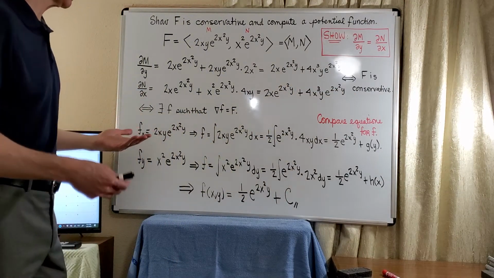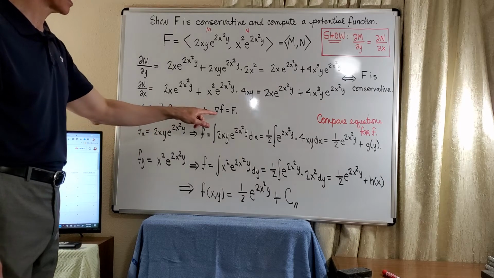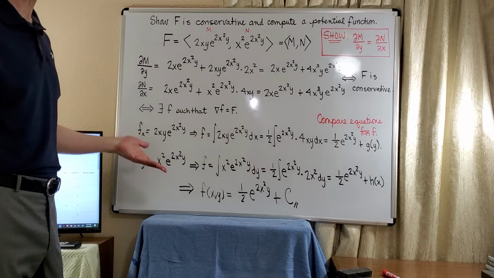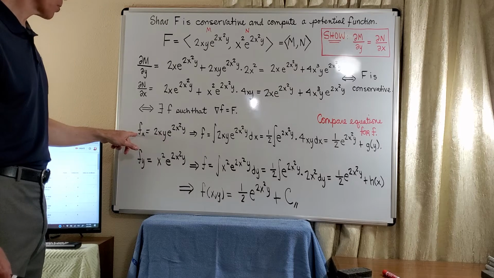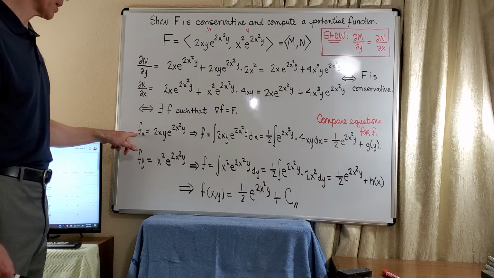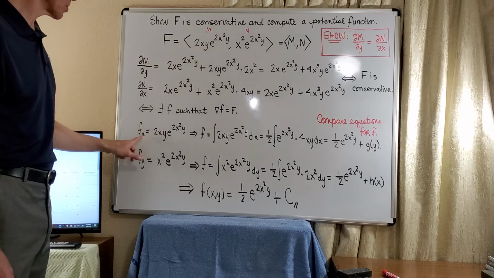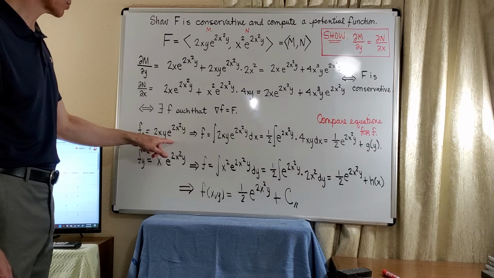Equivalently, if f is conservative, there is a potential function such that its gradient equals f. So again, we do the partial integration. The x partial of the potential function will be our first coordinate of the vector field. So the x partial equals 2xy e to the 2x squared y.